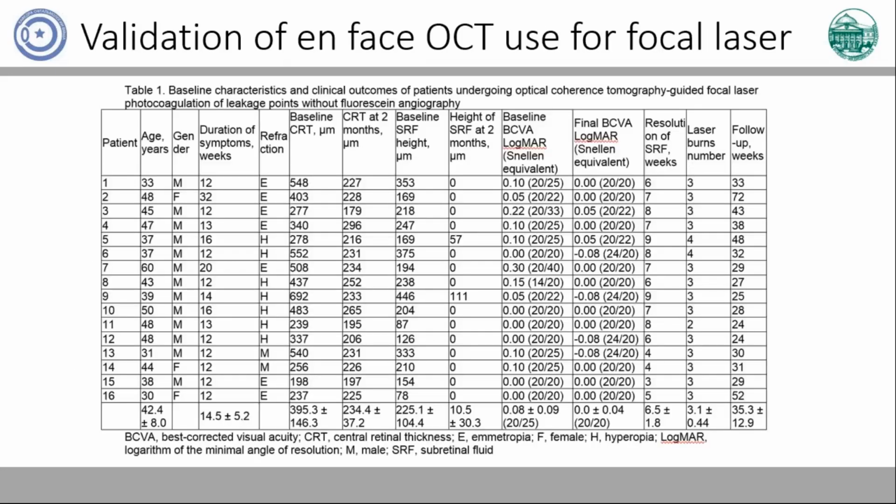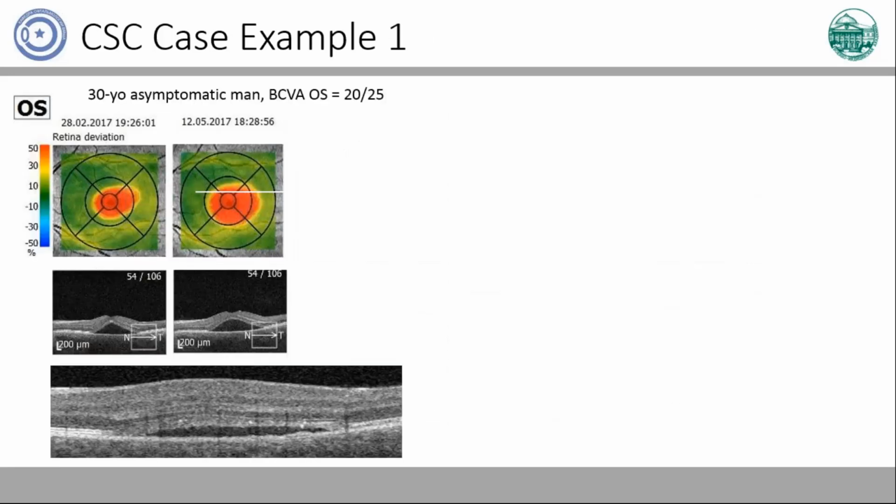And the practical application of such an approach: this case series, which included 16 patients with non-resolving CSR, showed that this approach is very effective and safe, and all patients achieved complete resolution of subretinal fluid. And here are some of such cases. You can see this 30-year-old asymptomatic man with stable subretinal fluid.